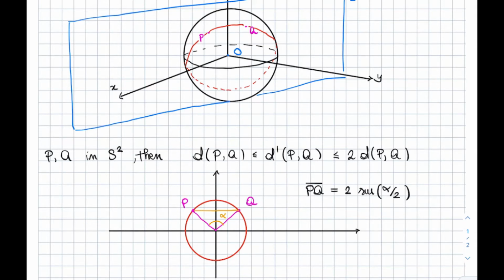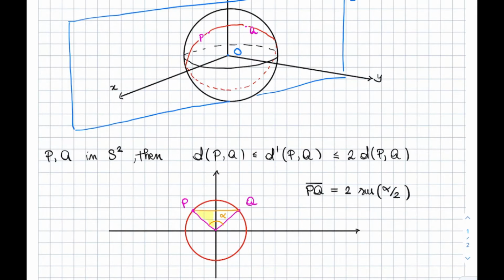This follows if you consider the small triangle here on the left, and you use the theorem that relates the length of the hypotenuse, which in this case is just the radius of the circle, and it's equal to 1, and the angle we have here, which in this case is alpha divided by 2. Therefore, you get that the length of this segment here is exactly sine of alpha divided by 2, and then you have to multiply by 2 to get the length of the entire segment.